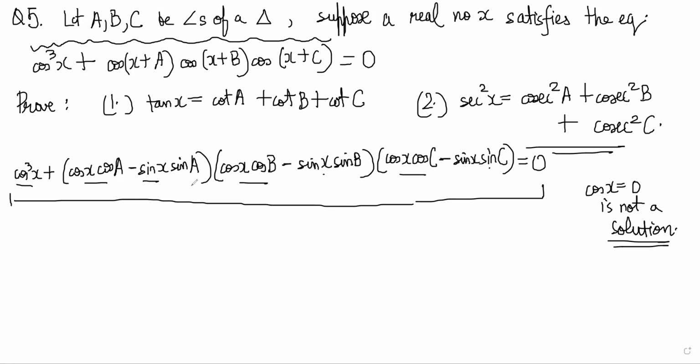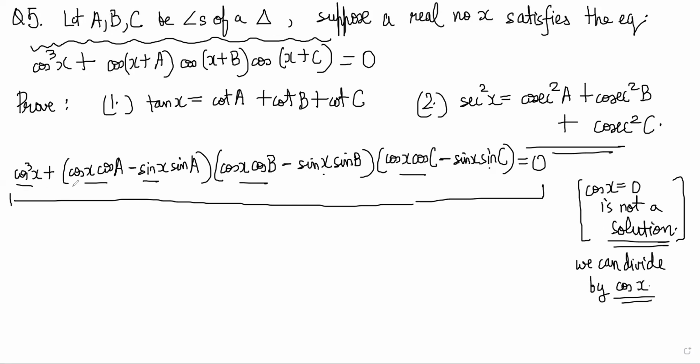So it will be sin A, sin B, sin C equal to 0. Now sin A, sin B, sin C equal to 0 means at least one of the angles ABC must be 0 or a multiple of pi. But that is not possible in any real triangle. You cannot have an angle of a triangle equal to 0 or pi. So cos x equal to 0 is not a solution of this equation. Therefore, since cos x equal to 0 is not allowed, we can divide by cos x.